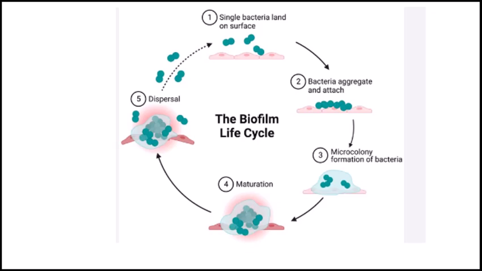Then we have the dispersal: some bacteria leave the biofilm and travel to new places. Why is this important? Because biofilm makes bacteria resistant to antibiotics, protects them from the immune system, and causes chronic infections, especially dangerous in cystic fibrosis, as we said before.